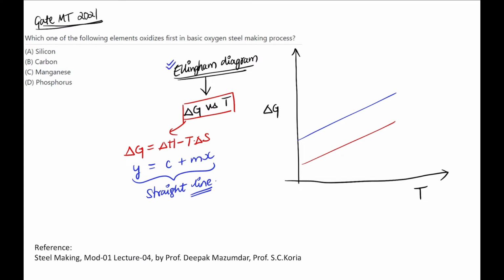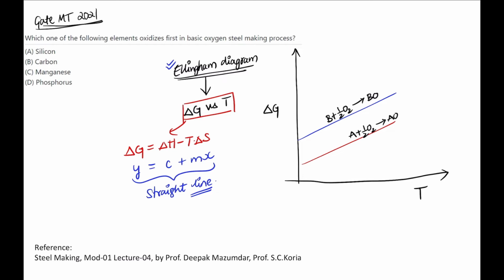Let me take two examples. Let's say I have A plus half O2 converting to AO and B plus half O2 converting to BO. Now, let's say these are two different oxides of metals A and B. What do these two lines explain to us? It is very simple. It explains the ease of reduction, or the stability of a particular oxide. How?